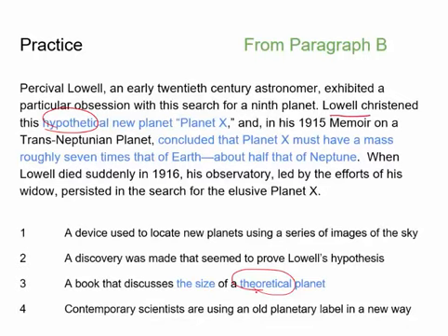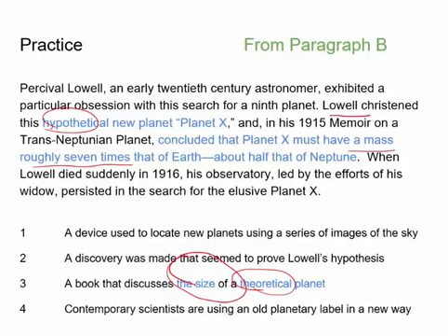It's a theory. So Lowell christened this hypothetical new planet, Planet X, in his 1915 memoir on a trans-Neptunian planet. Concluded that Planet X must have a mass roughly 7 times that of Earth, about half that of Neptune. Okay, there we have it. A mass roughly 7 times that of Earth is our discussion of the size of a theoretical planet.